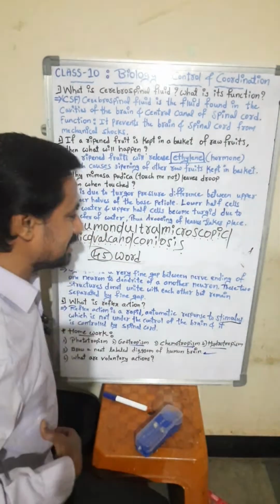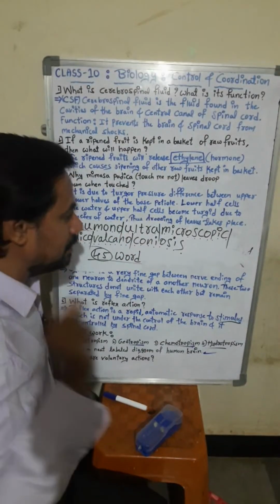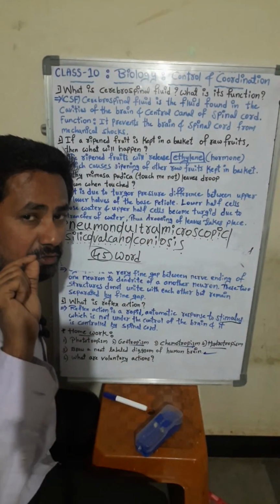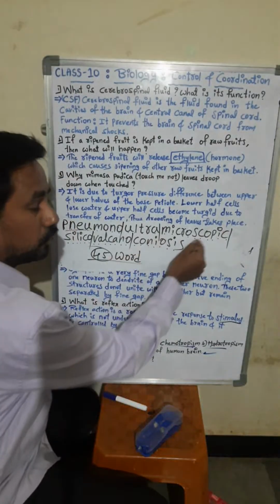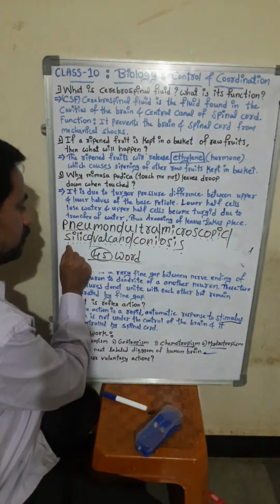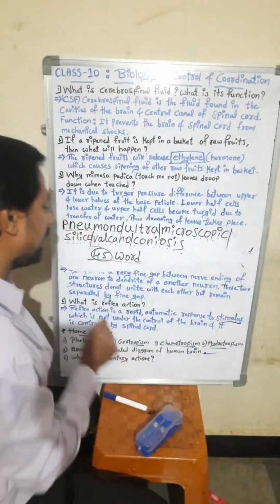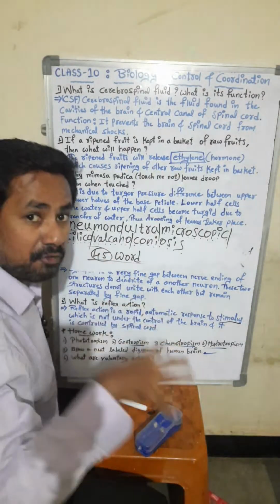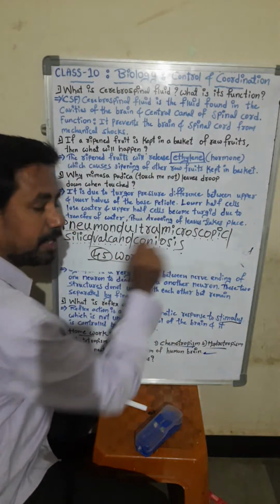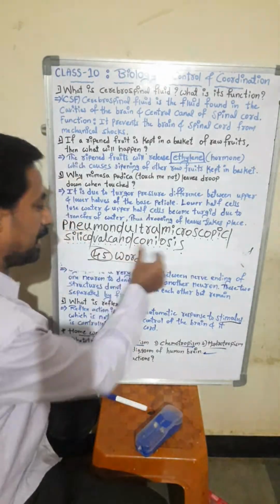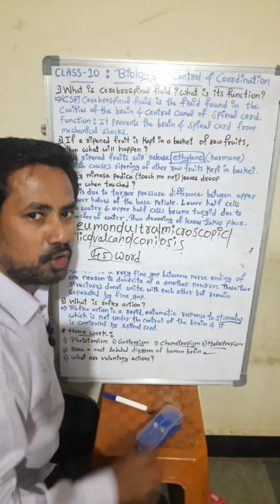Pneumono means lungs. Ultra, very fine. Microscopic, very small. Silico, sand dust particles. Volcanic eruptions, coniosis: fine particles from volcanic eruptions entering our lungs.